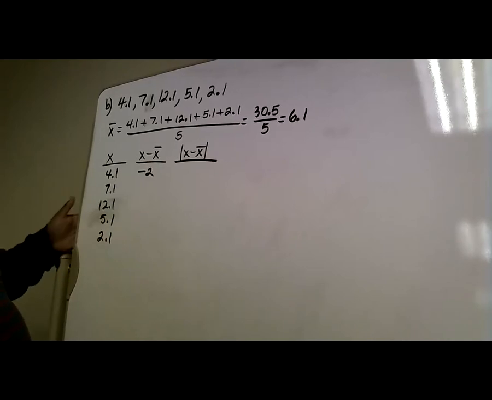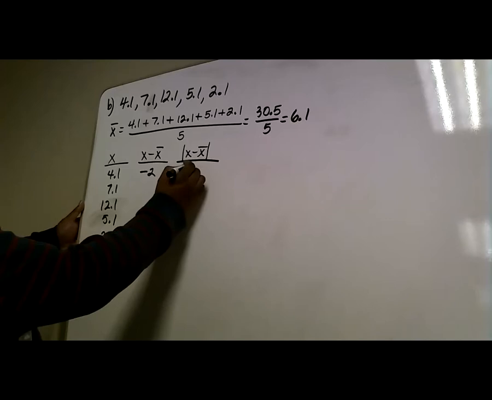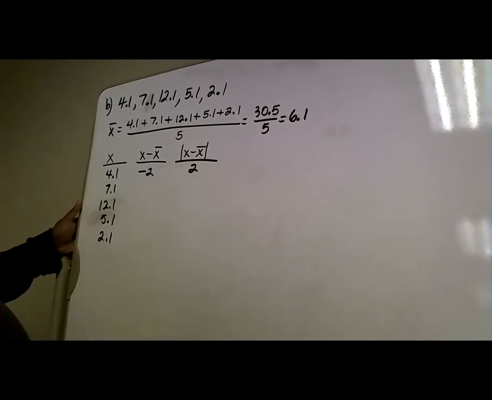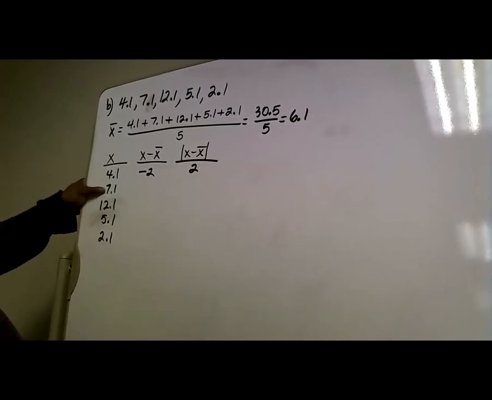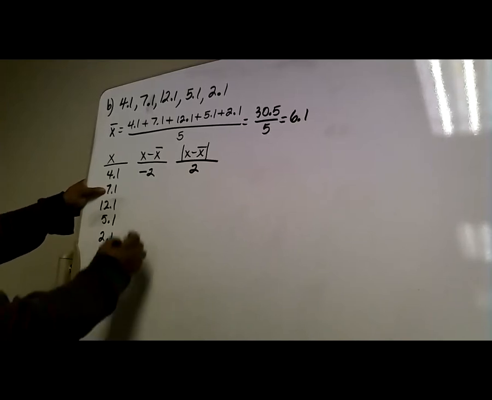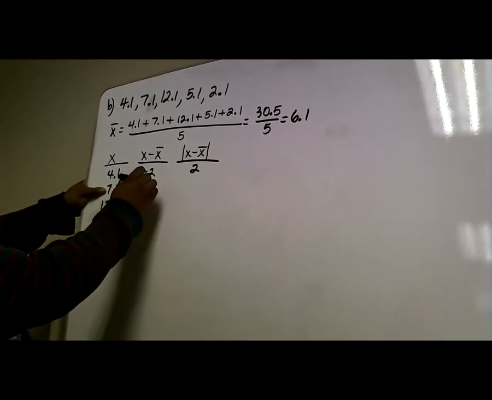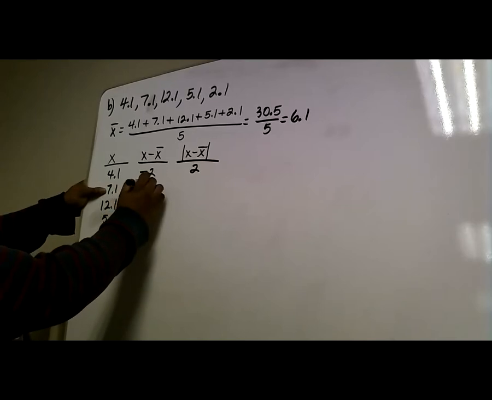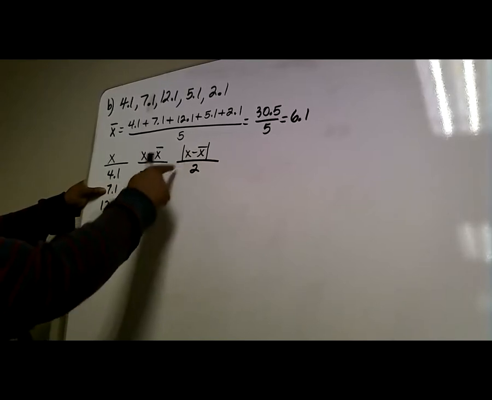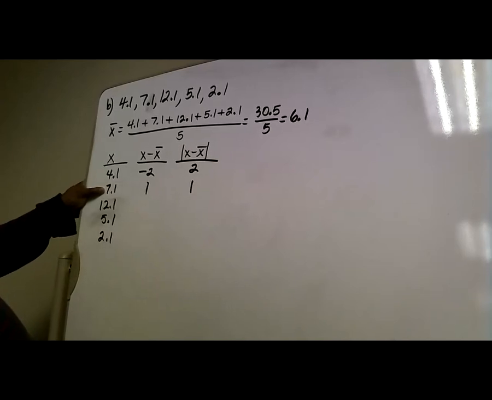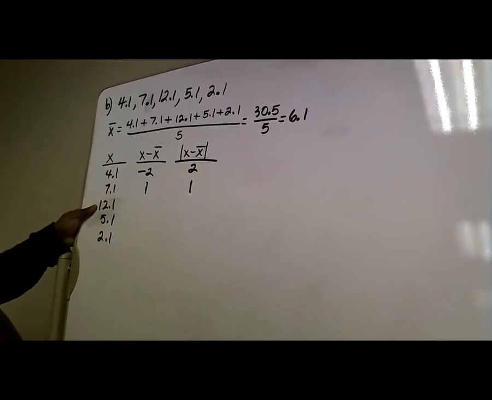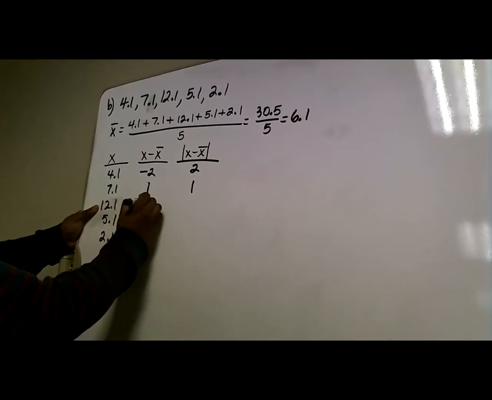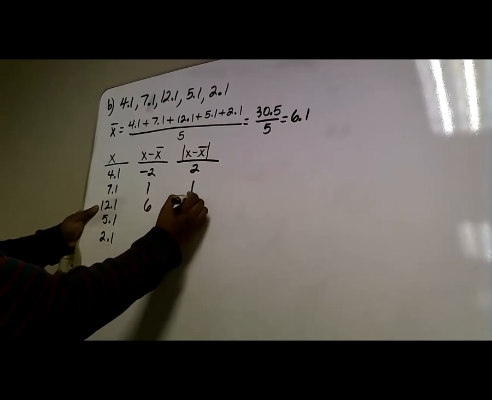Negative 2, and the absolute value is 2. For 7.1, 7.1 minus 6.1 is 1, and the absolute value of 1. For 12.1, 12.1 minus 6.1 is 6, absolute value of 6.